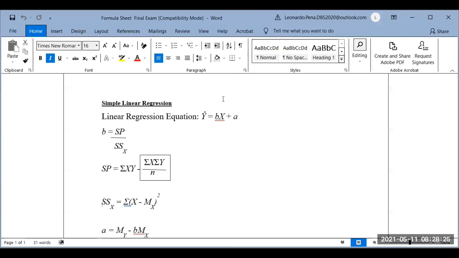So the rest from now on are basically straightforward. Blank. SSX equals left paren, x dash mx right paren, 2. X dash mx, x minus mean of x squared. So that's straightforward. Blank. A equals my dash bmx. A equals mean of y minus b times mean of x.